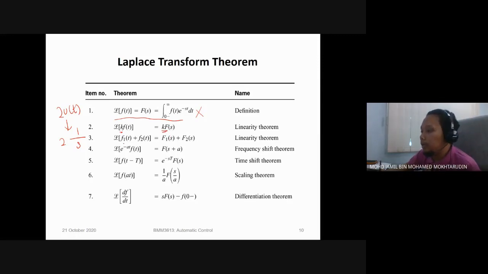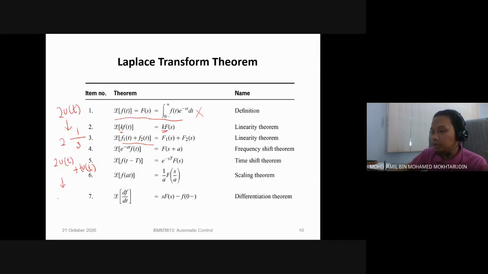Theorem number 3: if you have a function in the form of addition or subtraction, in the frequency response you just apply the Laplace transform to each of the functions. Let's say 2 times u(t) plus t times u(t), for example.